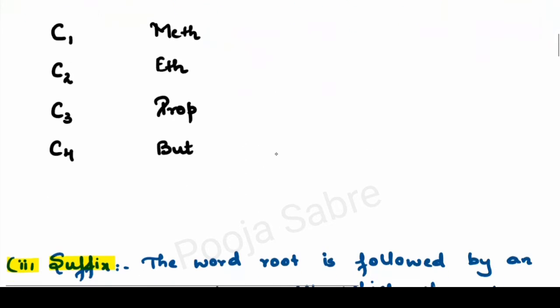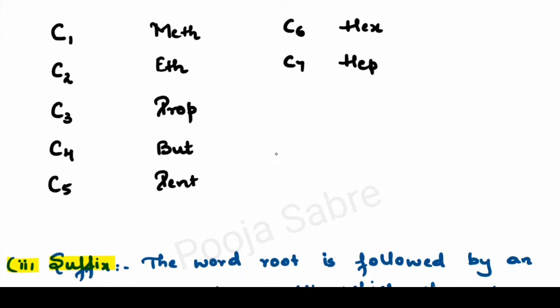C5 is pent. C6, hex. C7, hept. C8 is oct. C9, non. And lastly, C10, dec.